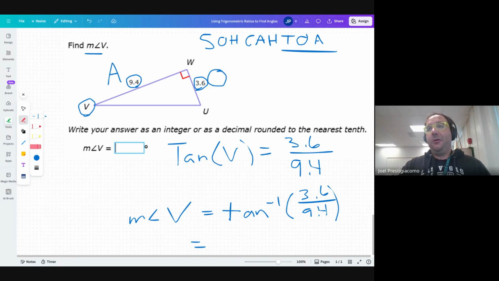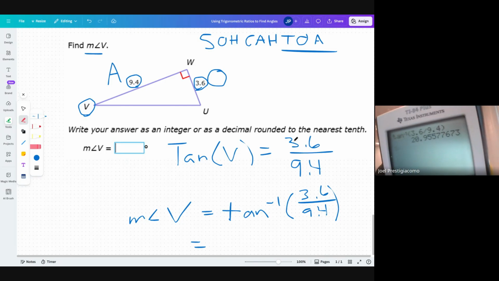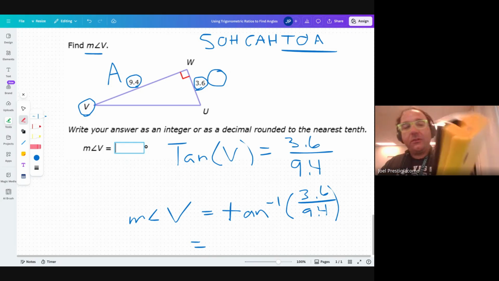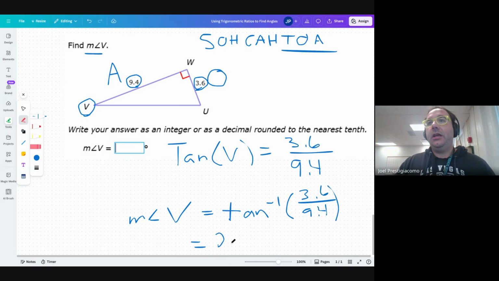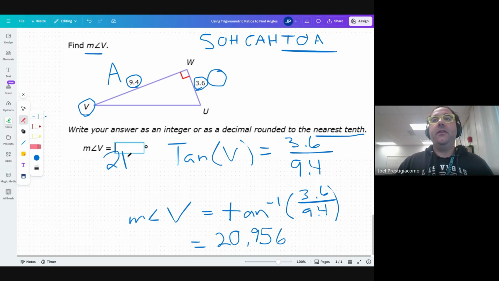This one was considered a more challenging question just because it had decimals, but you're using your calculator anyway, so it's not really that much more challenging. We get an answer close to 21. This is 20.956. Since we're rounding to the nearest tenth, this would be 21.0, which I don't think you need the zero here. Just use 21.